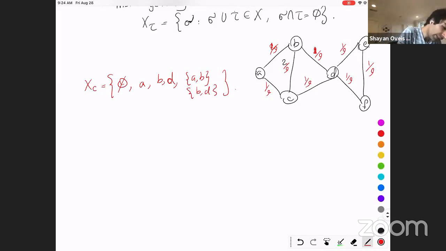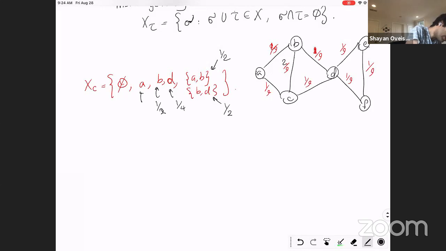The probability of this one would be 1/2, and the probability of this one would be 1/2, because I had a uniform distribution. So I have now still a uniform distribution on top faces, 1/2, 1/2 here, there. Then the probability of B now would be 1/2, D would be 1/4, A would be 1/4.